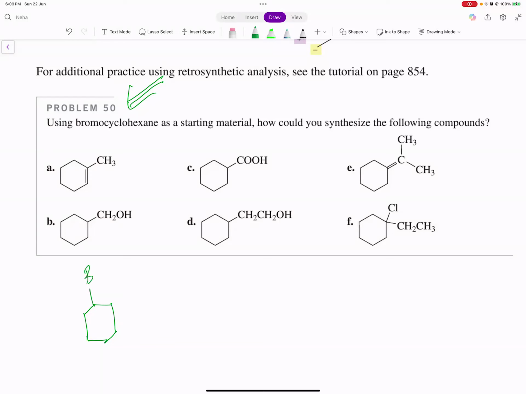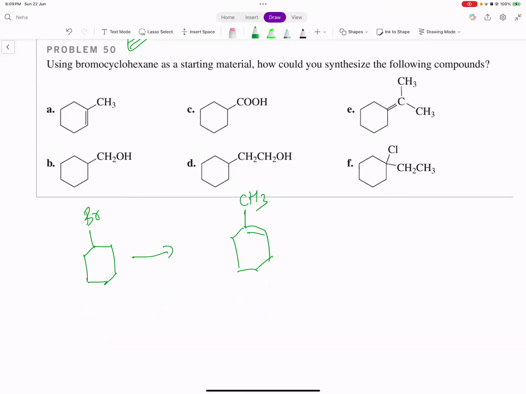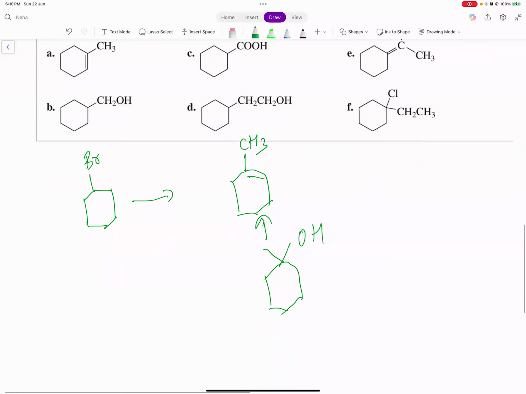And I have to make this. So how will we go about this? Just before this, I think this was an alcohol, and we dehydrated it. And before that, it was a ketone to which we added Grignard.